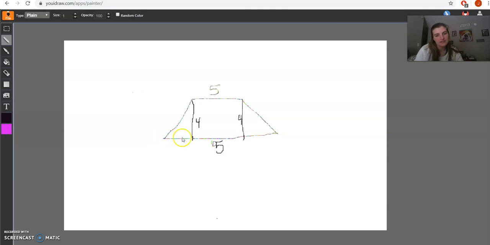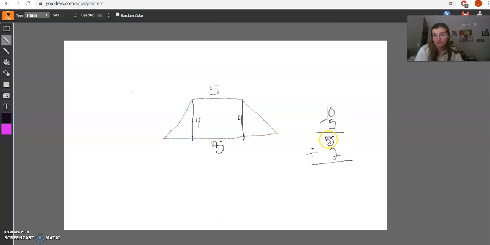Okay, well, if the entire length was 10, and we know this part of it is 5, how much is left? Well, 10 minus 5 is 5. There's 5 left over, and the 5 left over has to be split up between this triangle and this triangle. So I'm going to have to divide it in half, and divide it by 2.